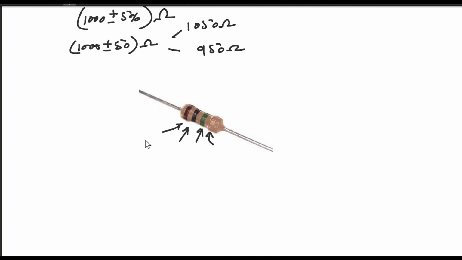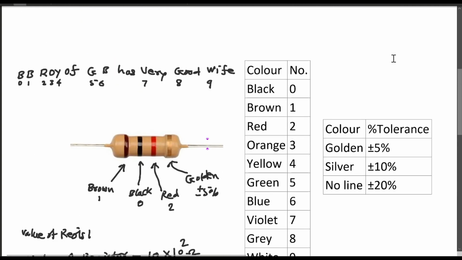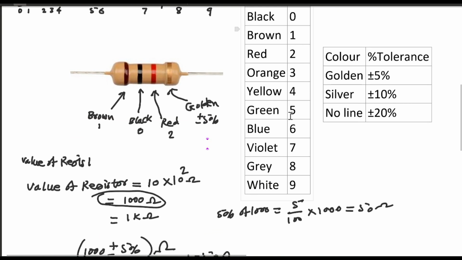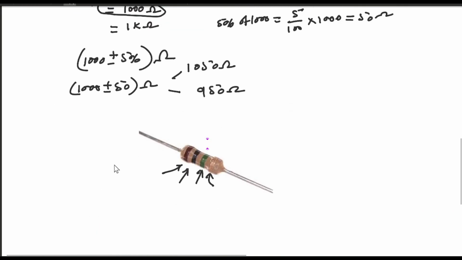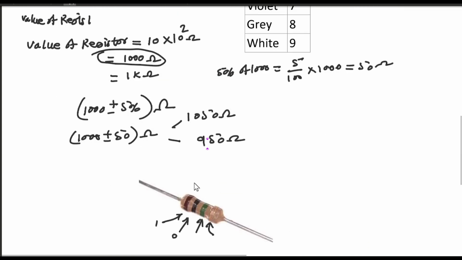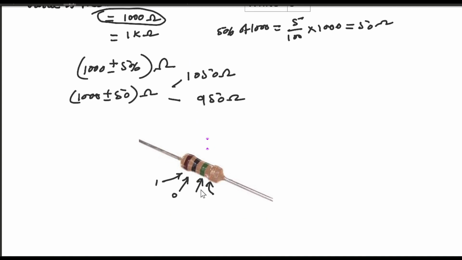Brown means 1, as we have just seen using this color code. So for brown we have 1, for black we have 0, for green we have 5, and for the golden line we have plus or minus 5% tolerance.